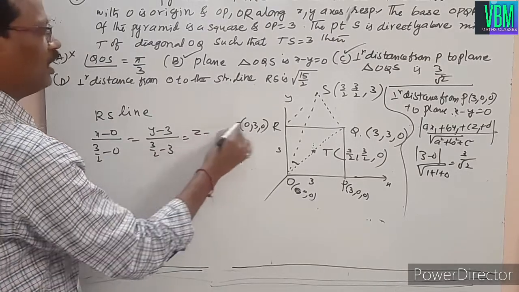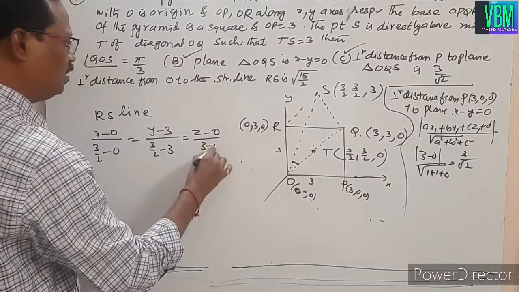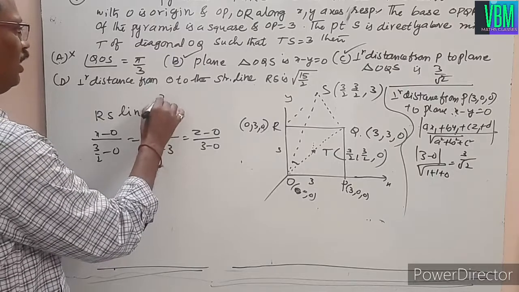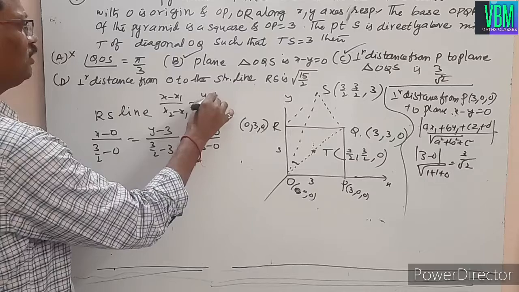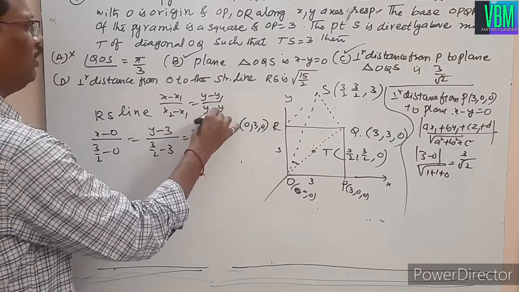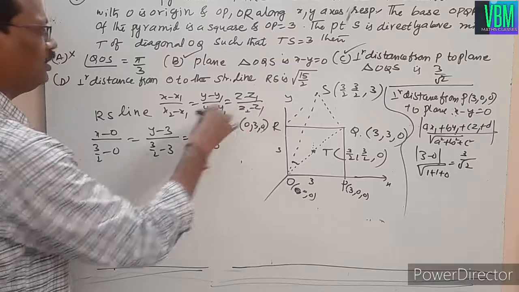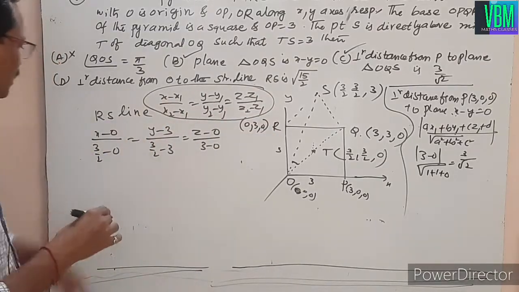Z minus z1 by z2 minus z1, that is 3 minus 0. The straight line formula, if you know the 2 points, is x minus x1 by x2 minus x1, y minus y1 by y2 minus y1, z minus z1 by z2 minus z1. By using the line equation we got this one.